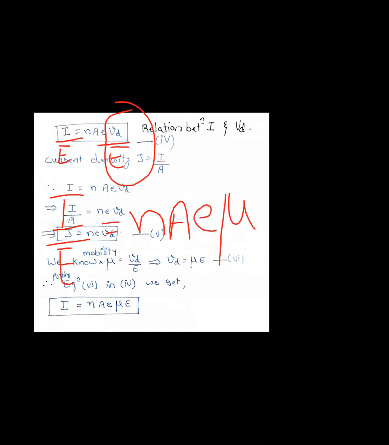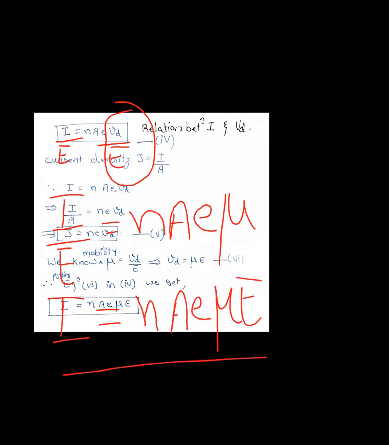And if we make I subject of formula, this E will go to the other side, right? So you are having now I equals NaEmu E. So this equation gives you the relation between the electric current and your mobility.